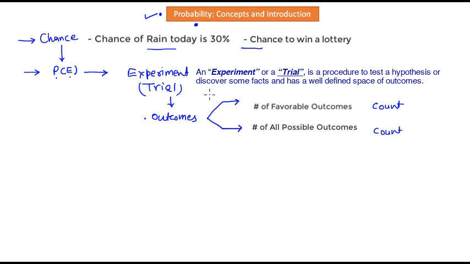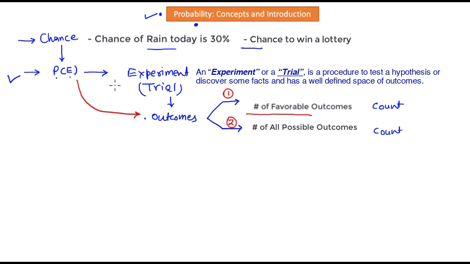When we know the count of the favorable outcomes and the count of all possible outcomes, we simply divide the first by the second, and that is when we obtain the desired probability of that specific event or trial. All right.